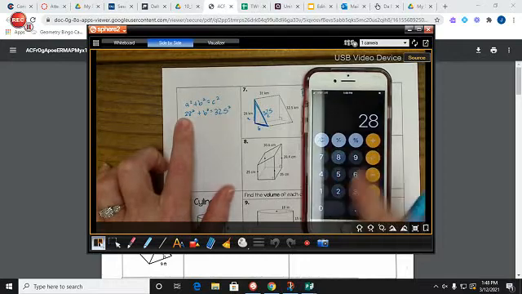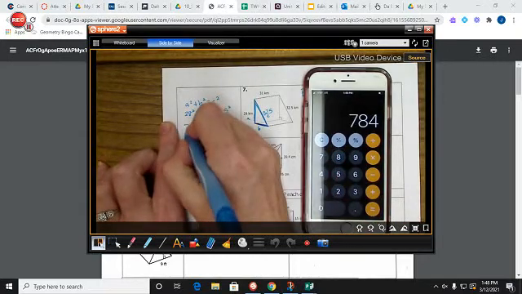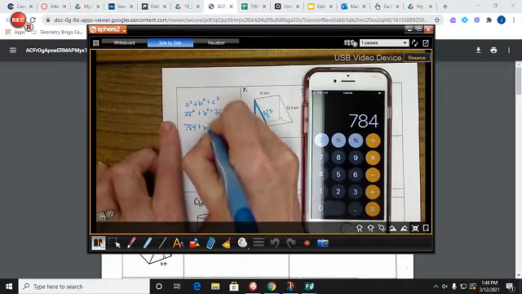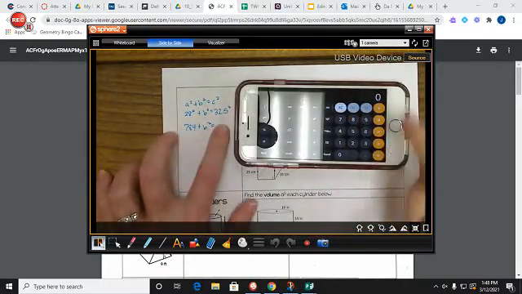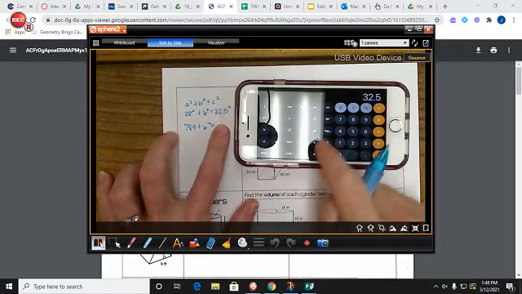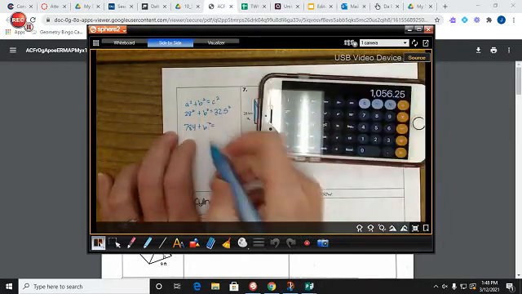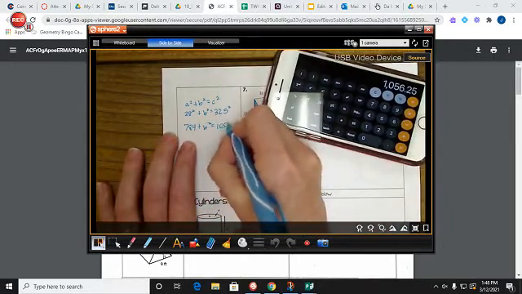So my 28 squared is going to give me 784 plus b squared equals, let's see if I can get it to turn. Yes, I could. So it'll be 32.5 squared, which is 1056.25.